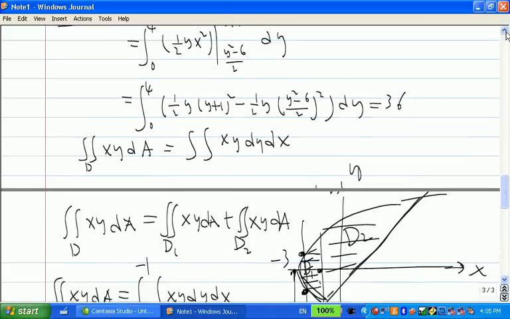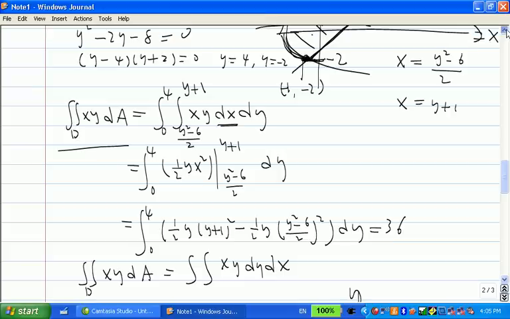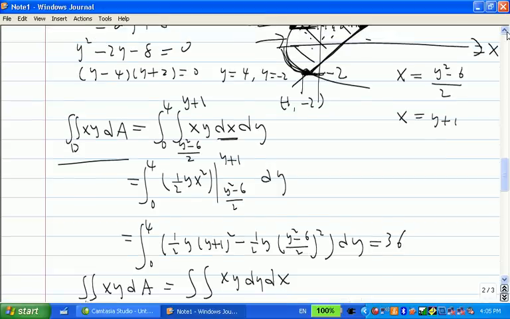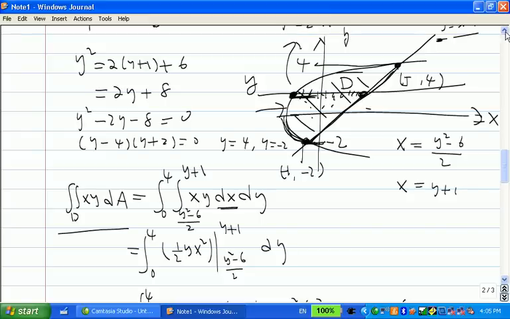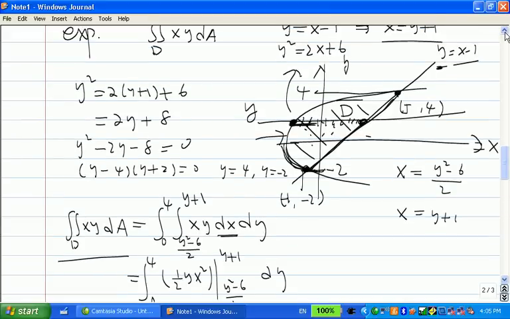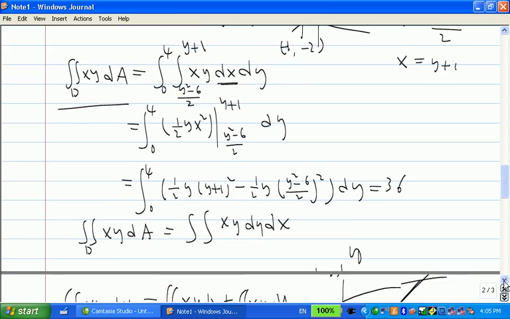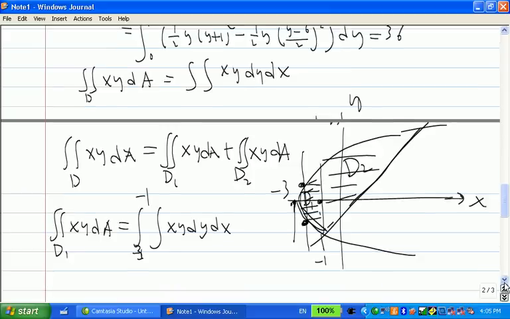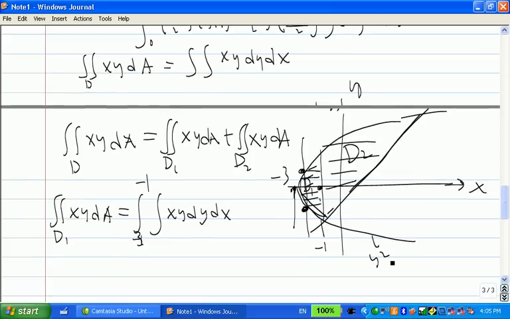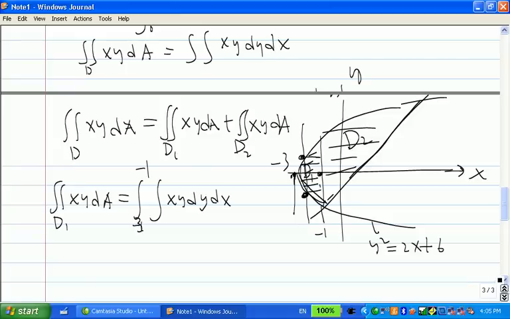So let's find out what those bottom and top curves are. Our curve here is y squared equals 2x plus 6. This parabola has two parts. If you solve, y equals plus or minus the square root of 2x plus 6.